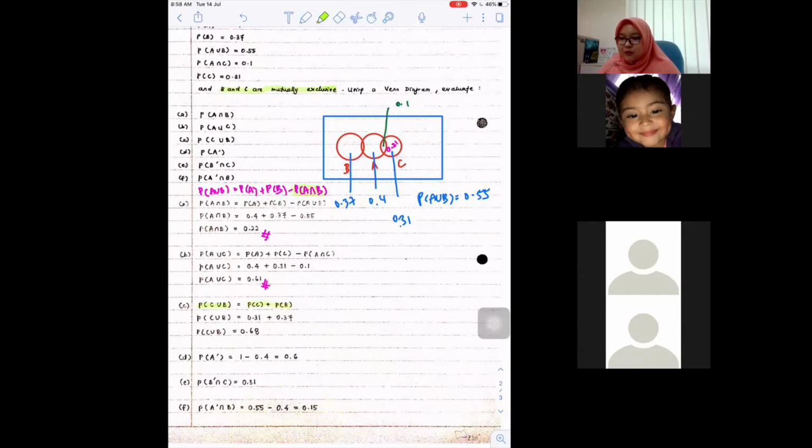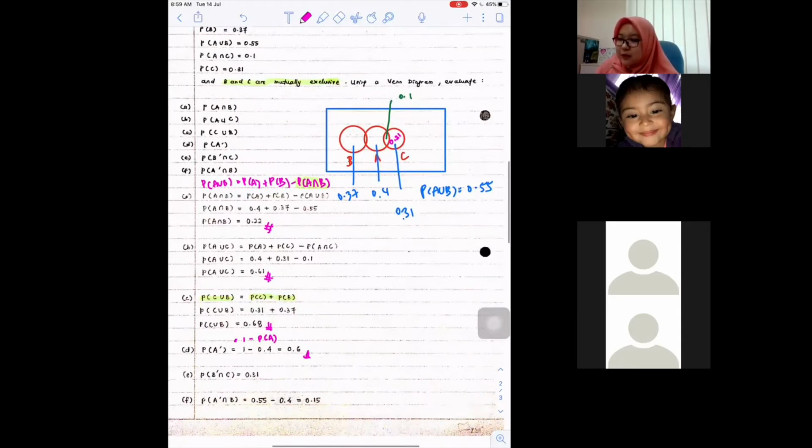Just take the value of P(C) and put here the value of P(B), so you get your answer. And next one, P(A complement). Let's just use the complementary rule. It's just 1 minus P(A). Your P(A) is 0.4, so 1 minus 0.4 is 0.6.